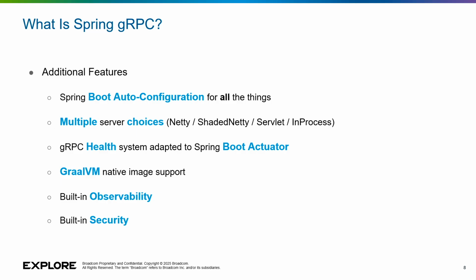Another thing we do is gRPC itself has a built-in health system. And when the service is down, the clients will automatically not try to contact the service. They all participate in the health system. One thing that's cool is that Spring Boot also has the concept of a health system, with the Spring Boot actuator. So if I have a Spring Boot application, I will probably set up my health indicators for, say, a database or a Mongo database.